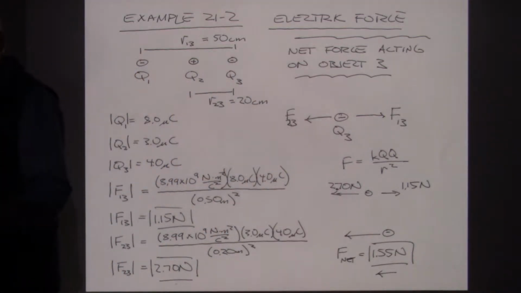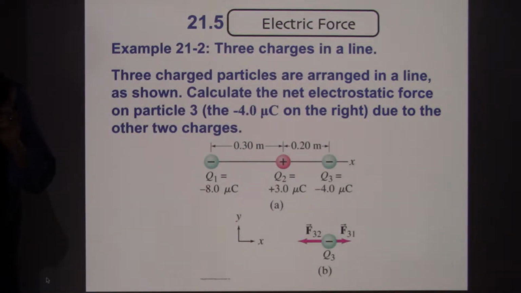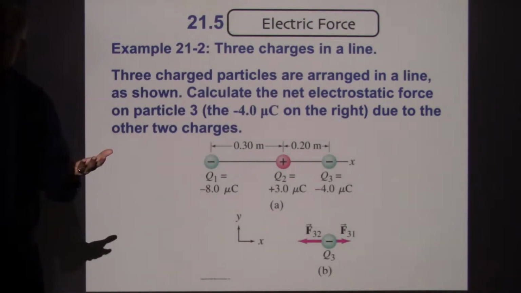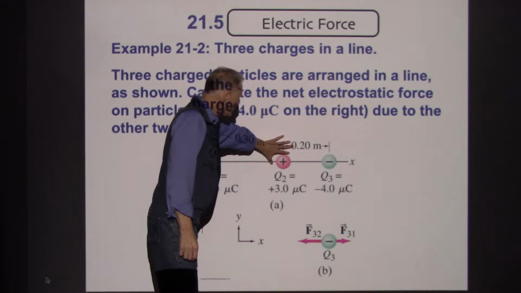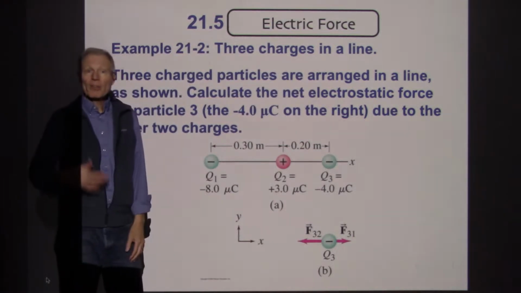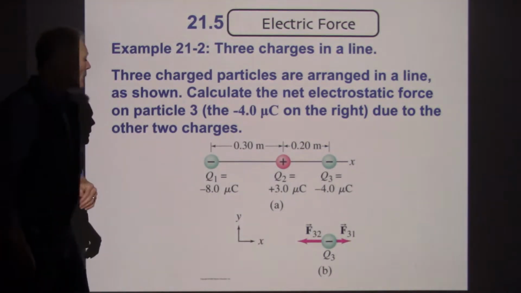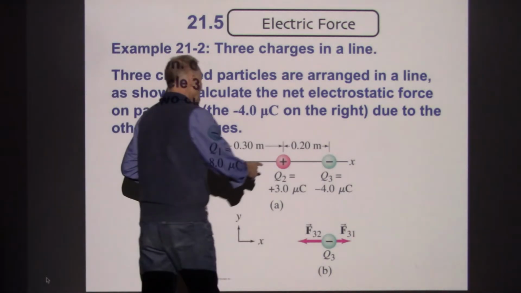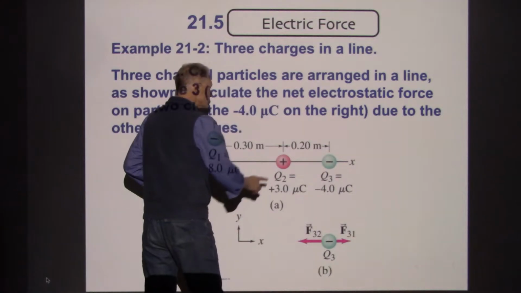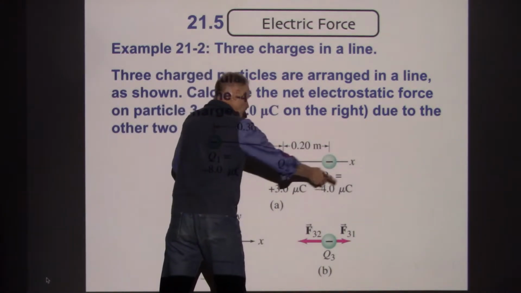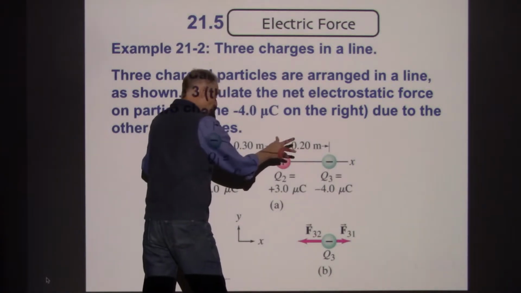Now, what many of you are probably thinking to yourselves is, well, wait a minute, we only solved for one of the charges. What if the question asks, what's the net force on charge 2? Well, that would be another set of calculations. We would follow the very same formulas, but let's just very quickly ask ourselves, what are the forces acting on charge 2? Charge 2 is experiencing a force due to the presence of charge 3, and it's attractive because they're opposite signs.